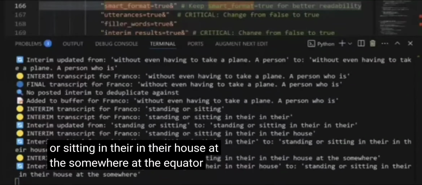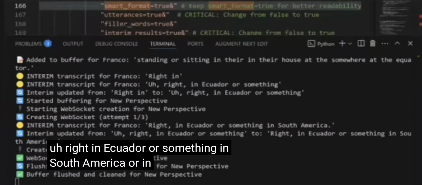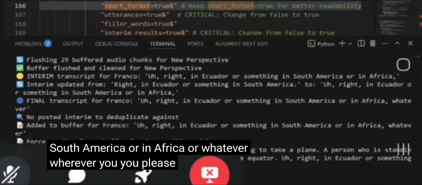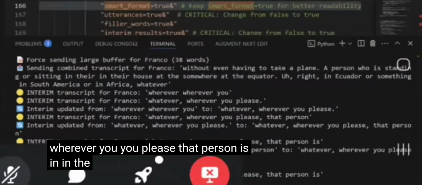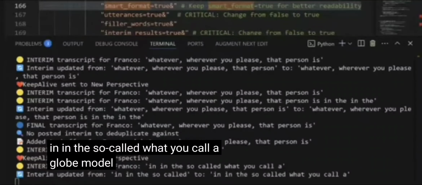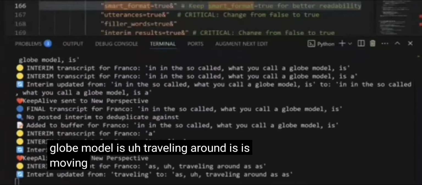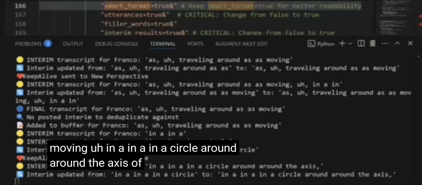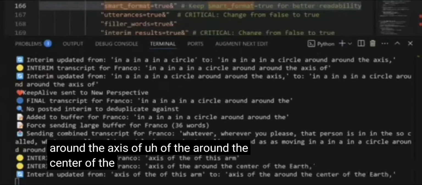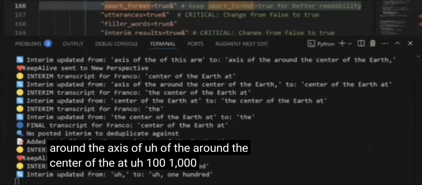Somewhere at the equator, in Ecuador or in South America or in Africa or wherever you please, that person, in the so-called globe model, is traveling around in a circle around the axis, around the center of the Earth, at 1,000 miles per hour.